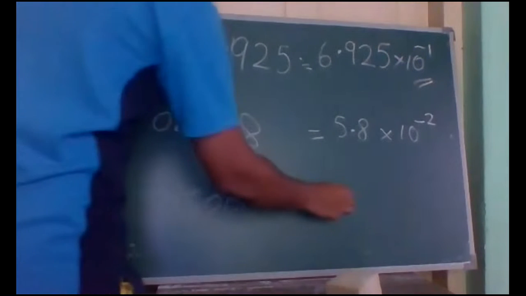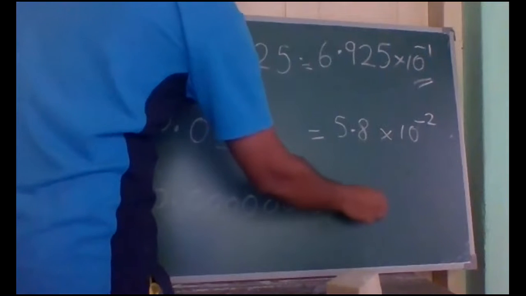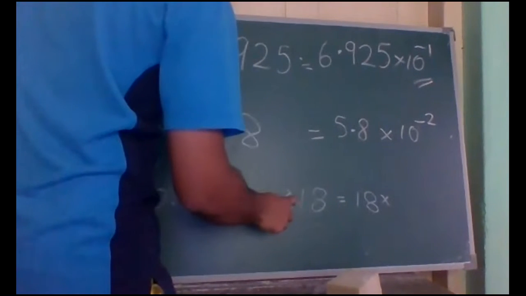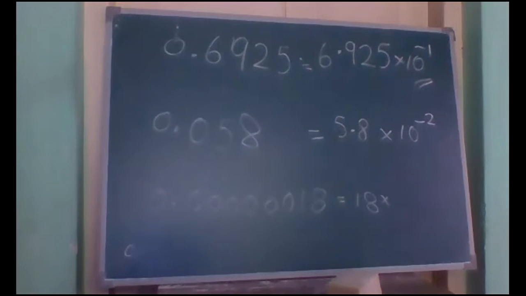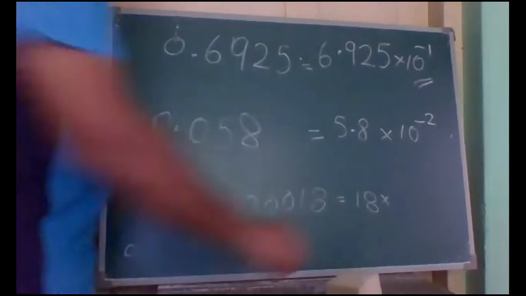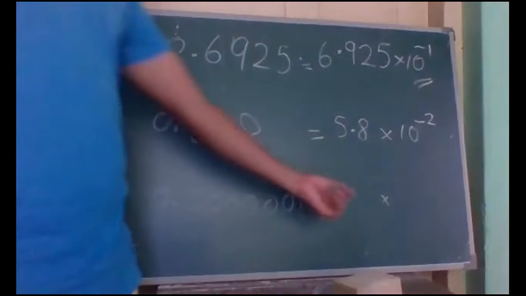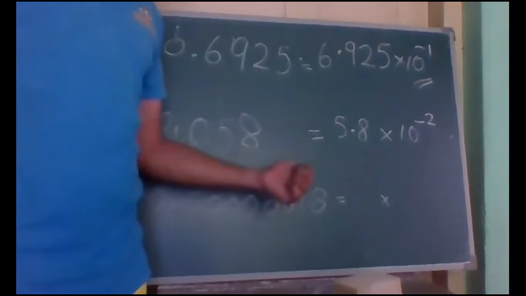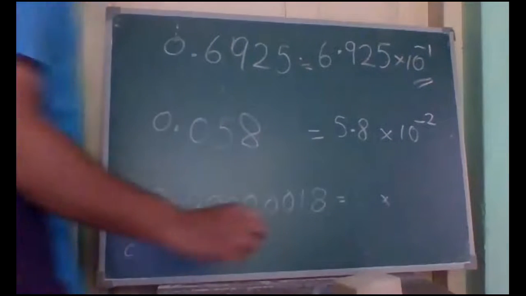18 into 10 to the power minus 6. No. Count the zeros first, carefully. Minus 7. We can't put 18 as well, right? Because we have to put here a number between 1 and 10. So 18 is greater than 10, no?